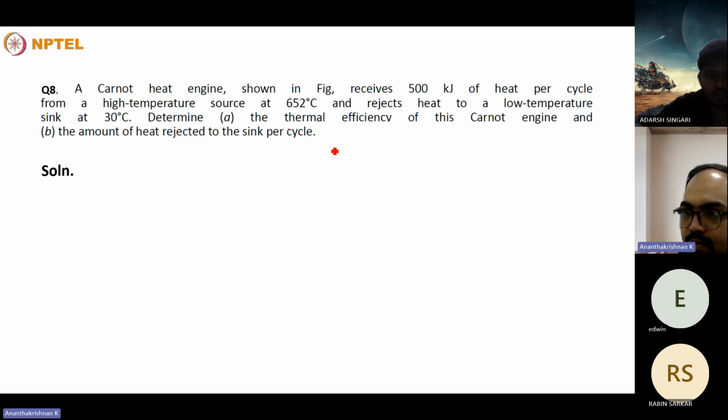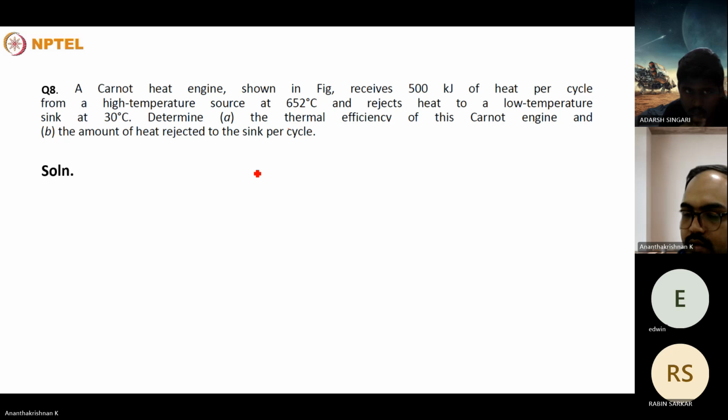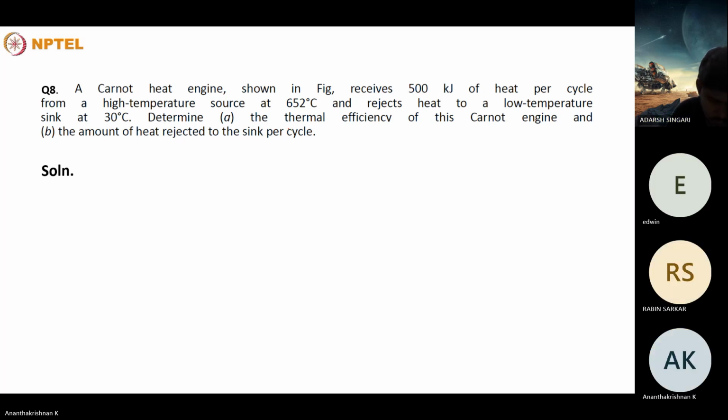Now look into this problem. This is a Carnot heat engine based one, straightforward one. Obtain the thermal efficiency of the Carnot cycle and the amount of heat rejected to the sink per cycle. A formula like thermal efficiency is 67.24.